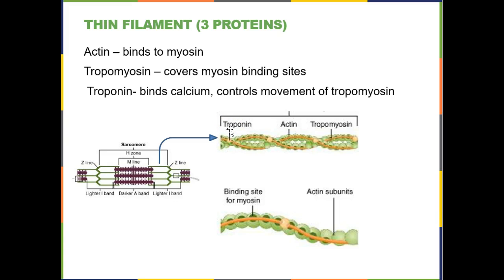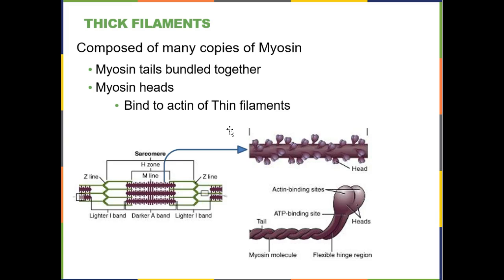So thin filaments are composed of actin covered by tropomyosin and troponin, and then your thick filaments are composed of many, many, many molecules of myosin. So down here is one myosin protein.